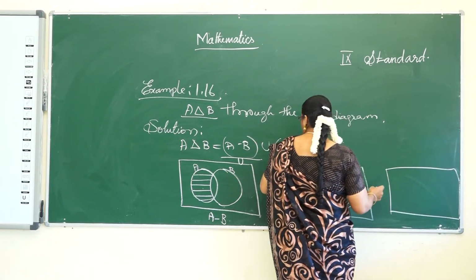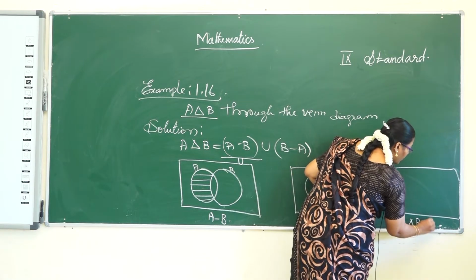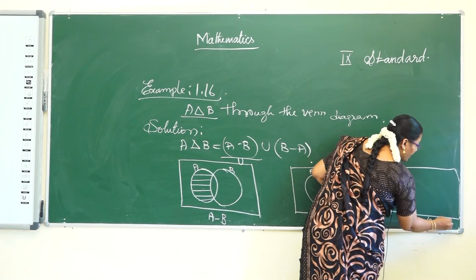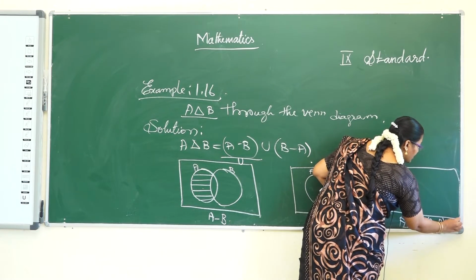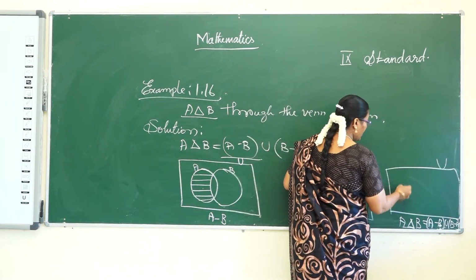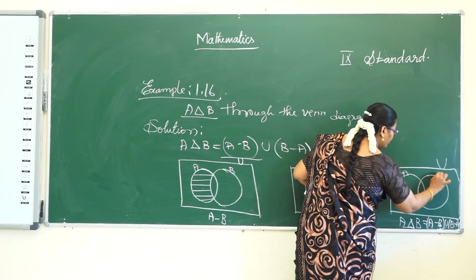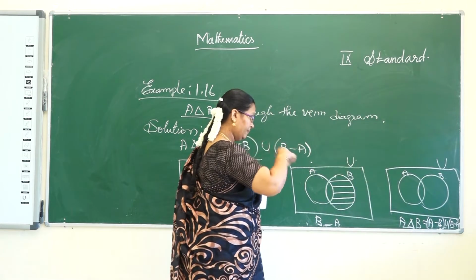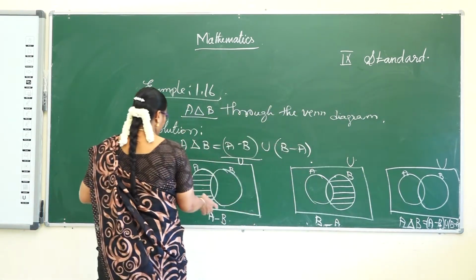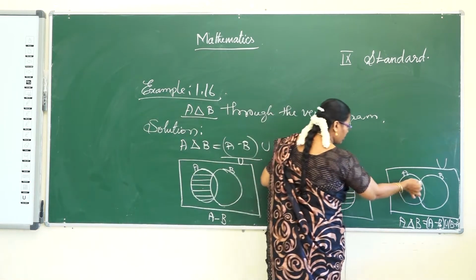A symmetric difference B is equal to A difference B union B difference A. Draw the universal set U and two overlapping sets A and B. In the first diagram this portion is fully shaded, so shade the first one.